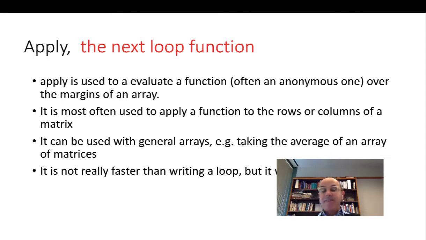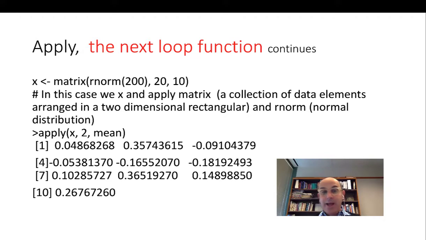Apply, as I said, is the next loop function. Apply is used to evaluate a function over a margin of an array. It is most often used to apply a function to the rows and columns of a matrix, and it can be used with general arrays, for example taking the average of a matrix. It's not really faster than writing a loop, but it works in one line. So what am I really saying here?